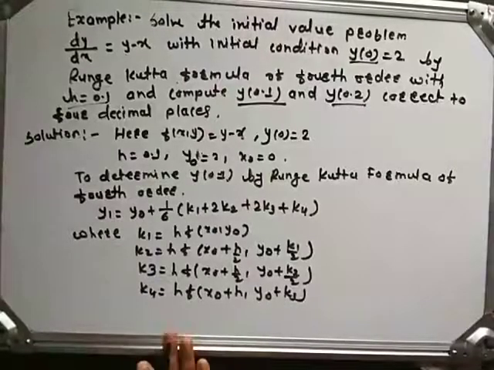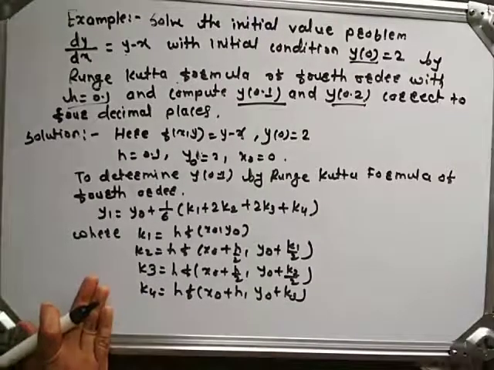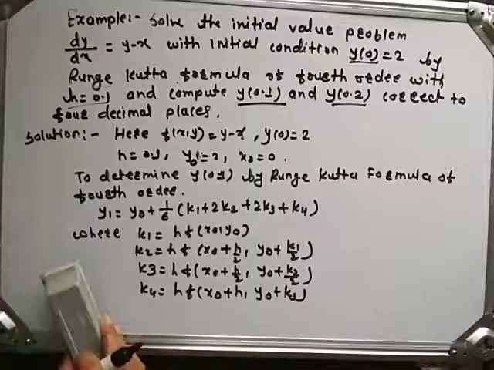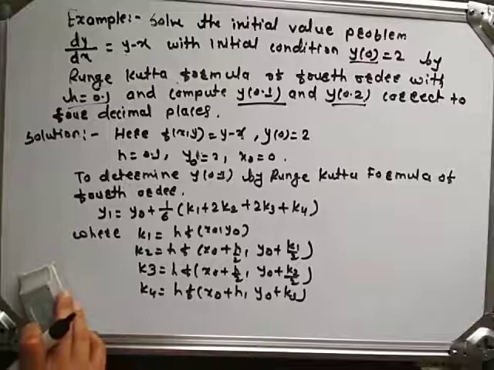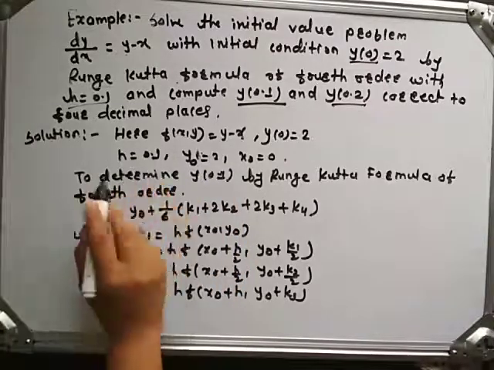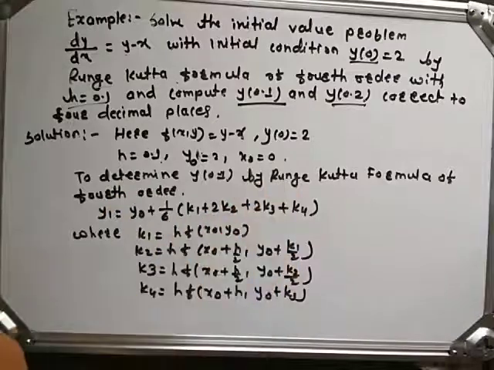Okay, this is the formula of Runge-Kutta fourth order. Here we have already written h is 0.1, y0 is 2, x0 is 0.